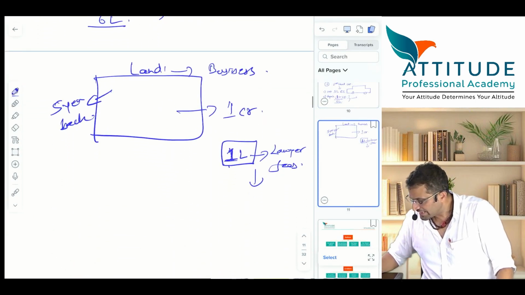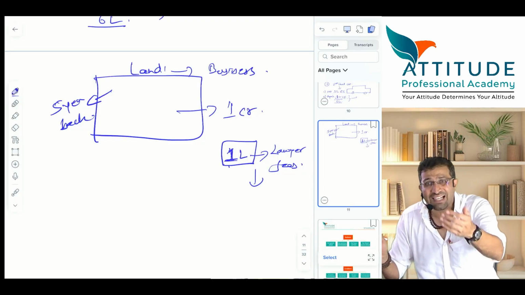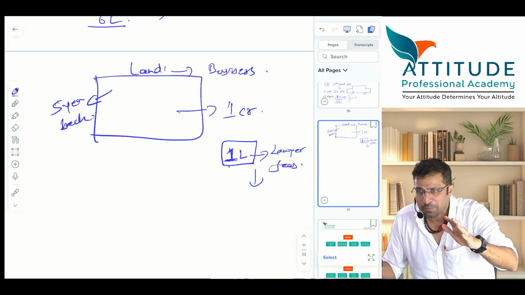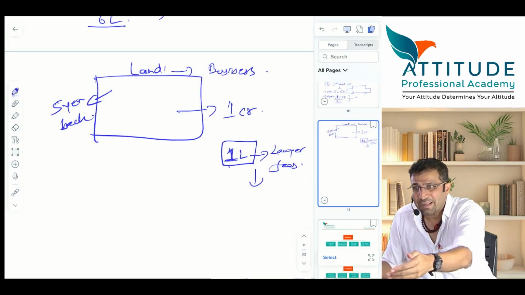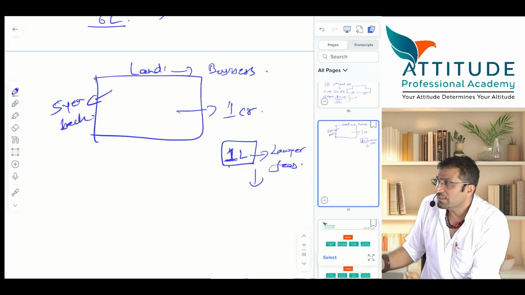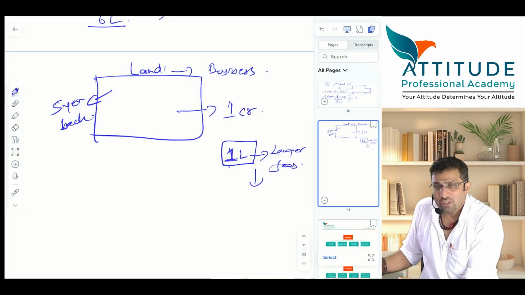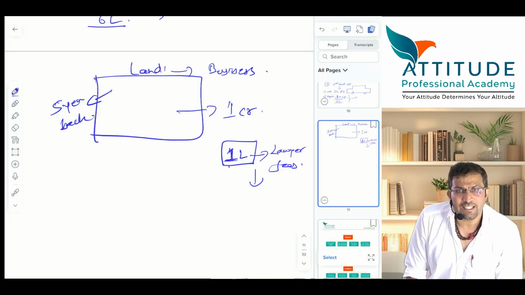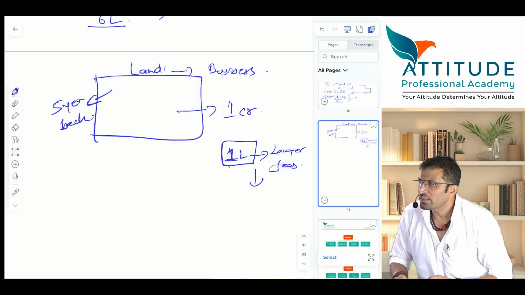Here in this example, lawyer's fees are not for acquiring an asset. If the lawyer's fees are paid to acquire an asset, it is capital expenditure. If the lawyer's charges are paid to defend your title, defend your ownership, then I'm not getting any advantage. Is that clear? Understood? Okay.